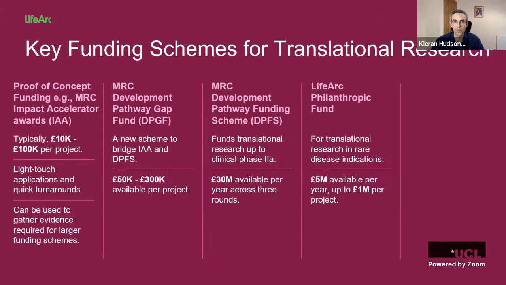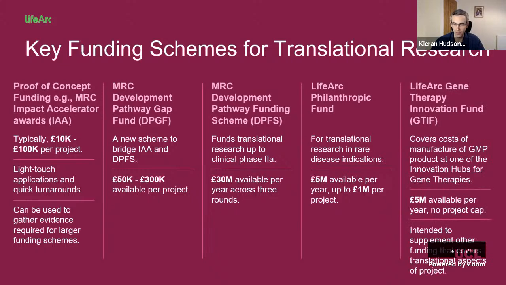LifeArc has various funding schemes. The philanthropic fund is a constant rolling scheme for rare disease indications, which can and often does include cell and gene therapies, with up to 1 million available per project. And there's the specific Gene Therapy Innovation Fund, which specifically covers the cost of manufacture of GMP product at one of the innovation hubs.